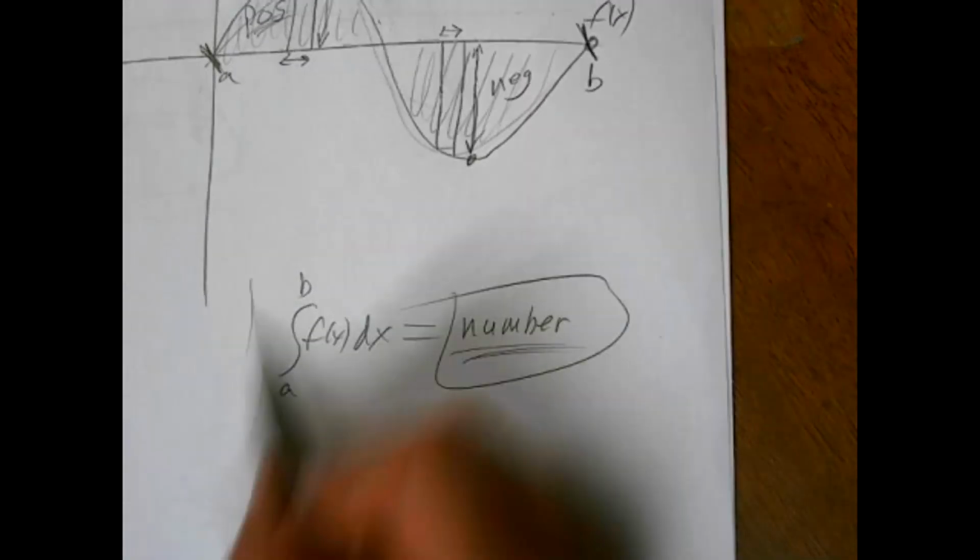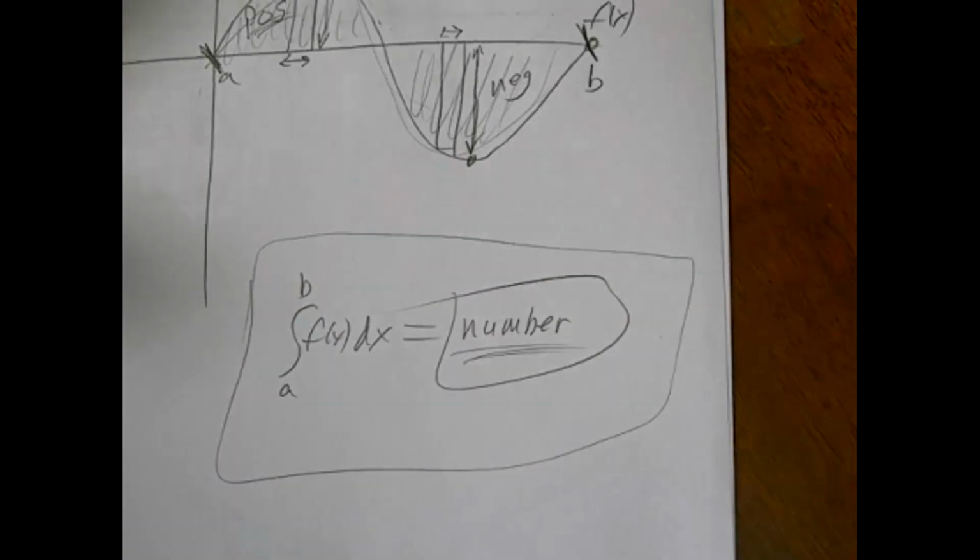The point being, sort of an underlying point here, is a definite integral will always give you a numerical value. Definite integrals are always numerical. The actual meaning, the actual interpretation of that number could vary, but they are just numerical values.